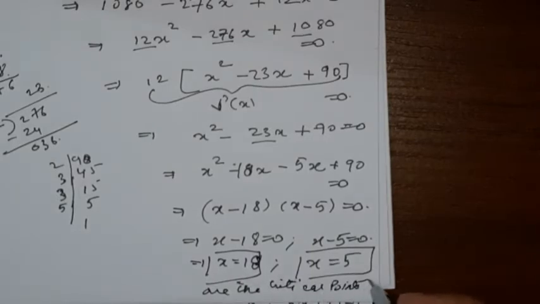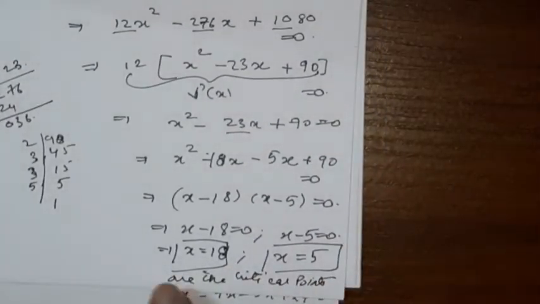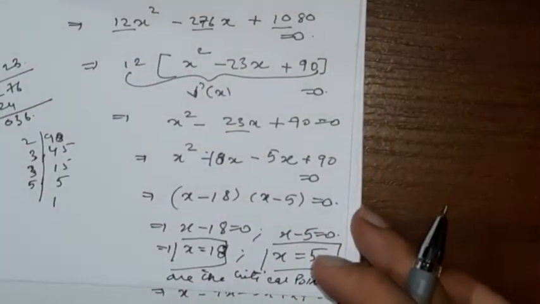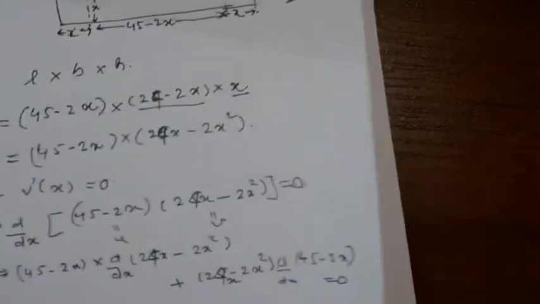Now once you have the critical points, we have to check which one is the local maxima and local minima. For that we have to find the double derivative of the function v(x).